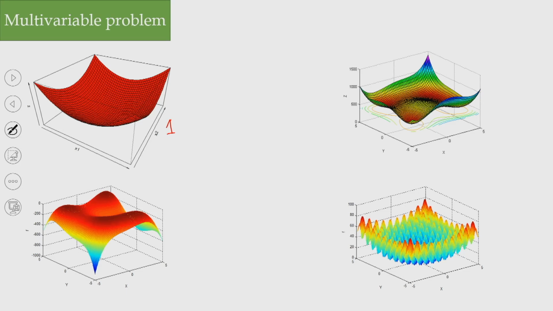Then if I say that this is function 2, the second function, this is a little bit complicated because we have 4 optimal solutions of this particular function within this search space.